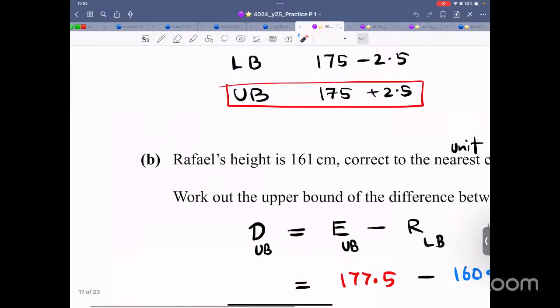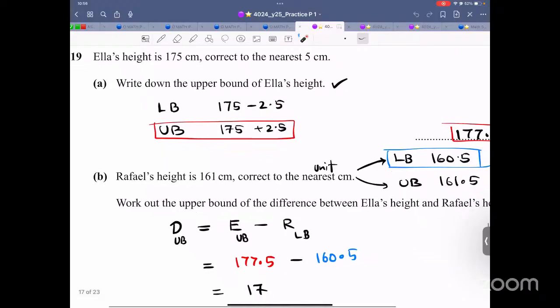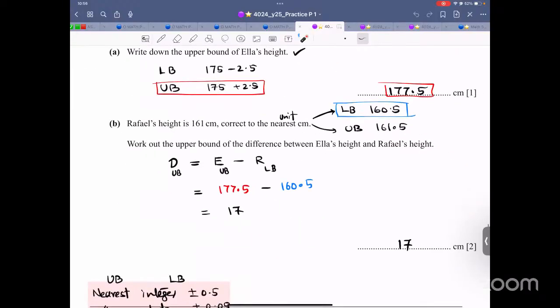So now over here, Ella's height is 175 and we write down the upper bound. So the upper bound would be 175 plus 2.5. If they had asked for the lower bound, 175 minus 2.5. Now it says Raphael's height is 161, correct to the nearest unit. So 161 plus 0.5, that's the upper bound. 161 minus 0.5, that is 160.5.